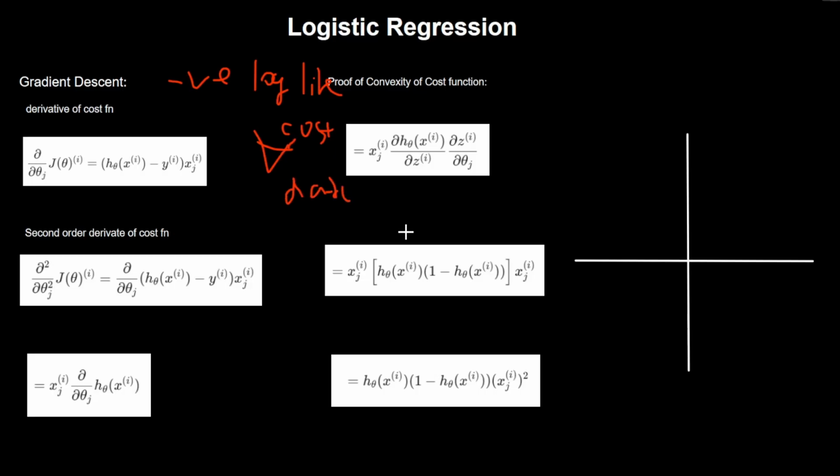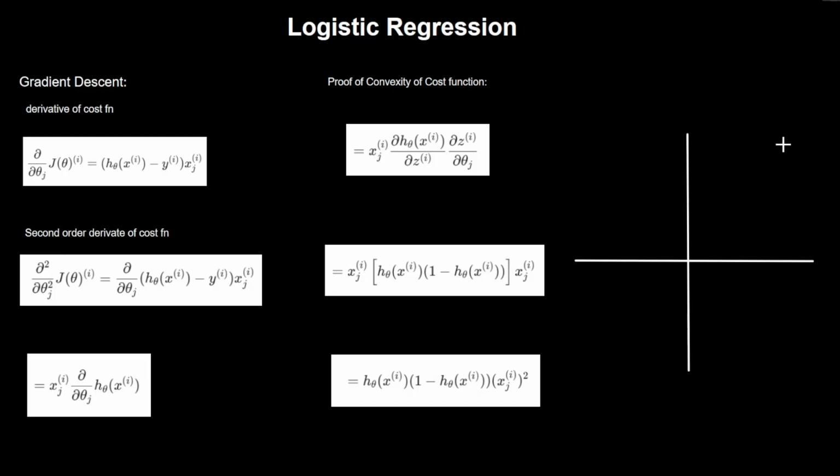So if we show that the cost for a single data point, let's say for single data i, is convex, then automatically the sum of these convex functions will also be convex. Convex means they have a single global minima in our case. So we need to take a single observation. But before that, let's look at some concepts.